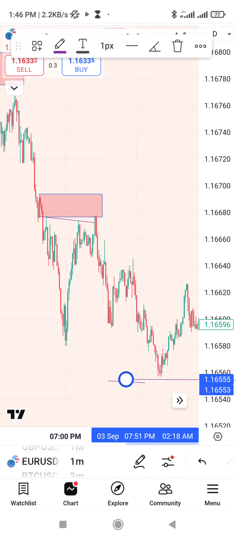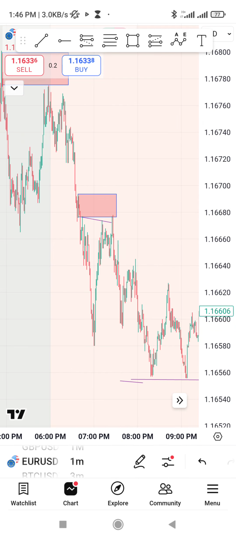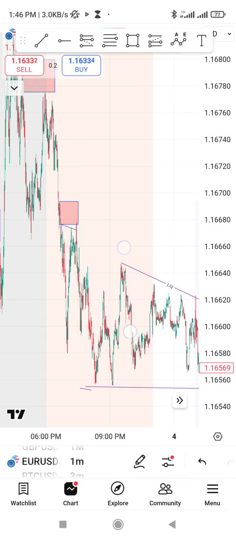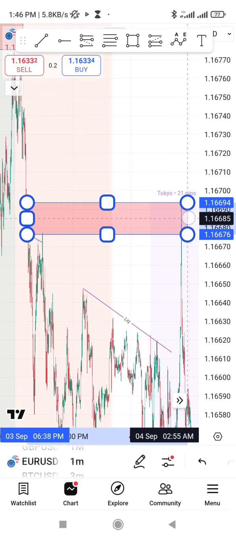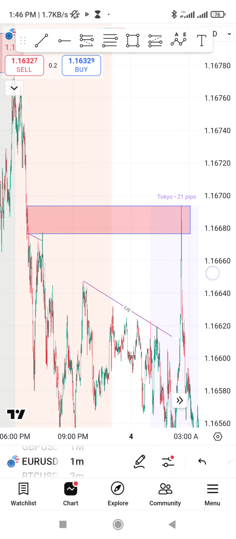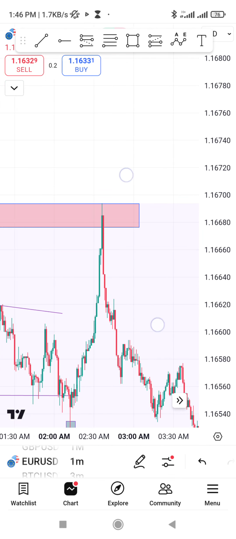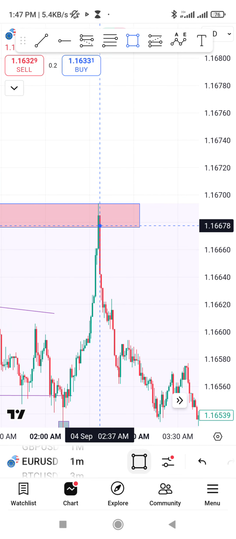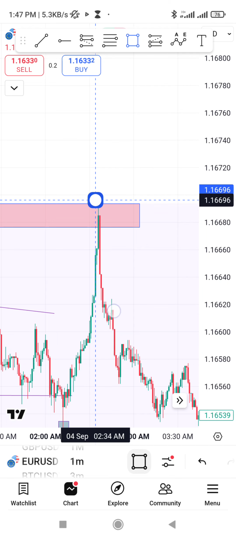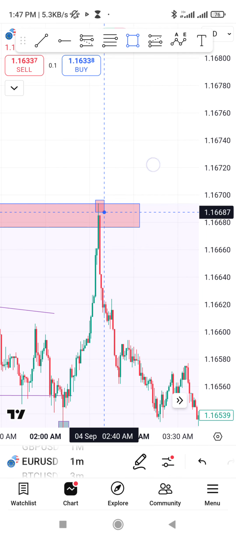So that's basically what happened. When the day started, the market went and induced that level, which is this. As you can see, it is inch perfect. It didn't go beyond the OB. So this also serves as an inducement.